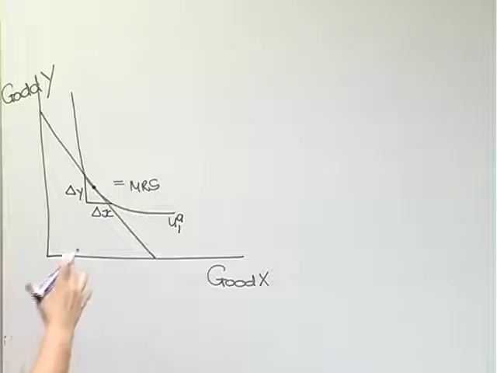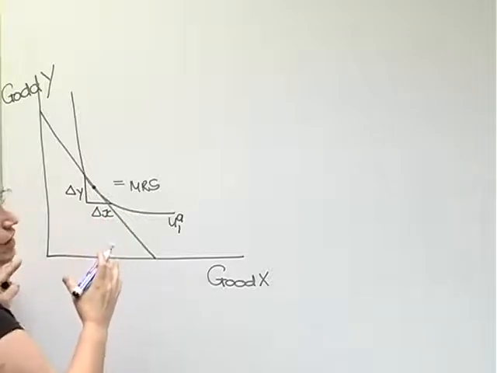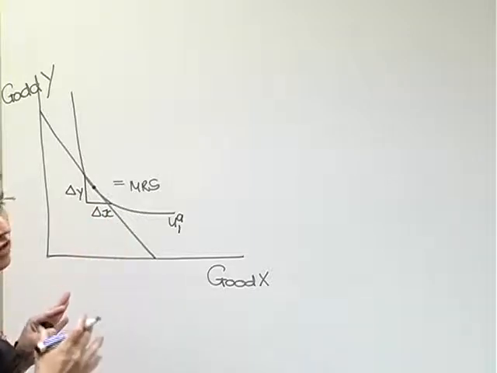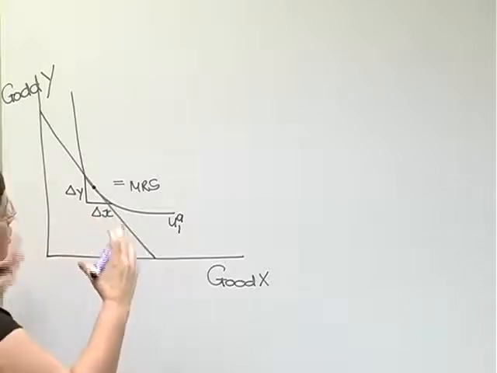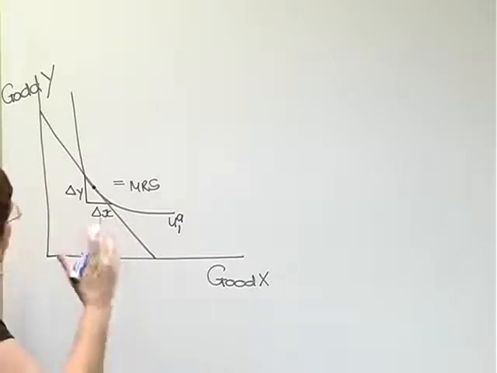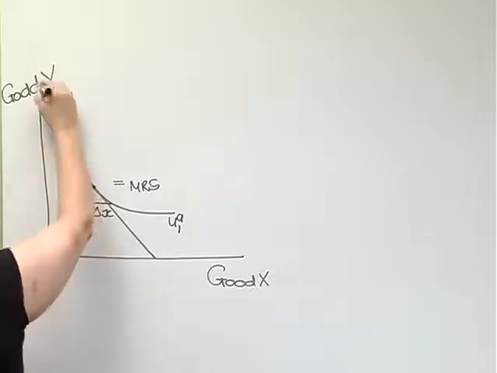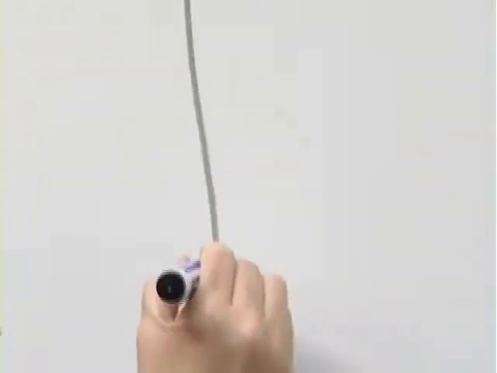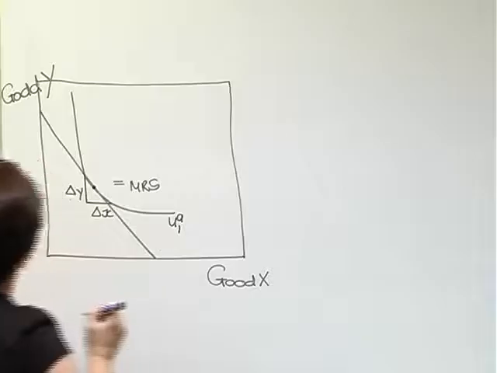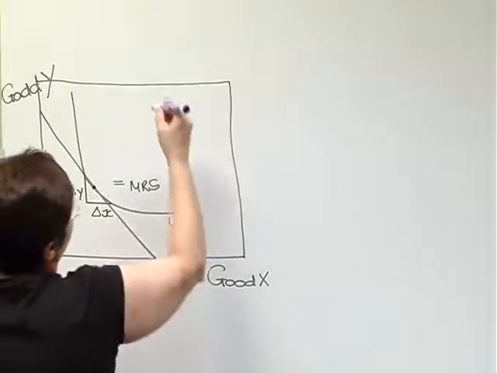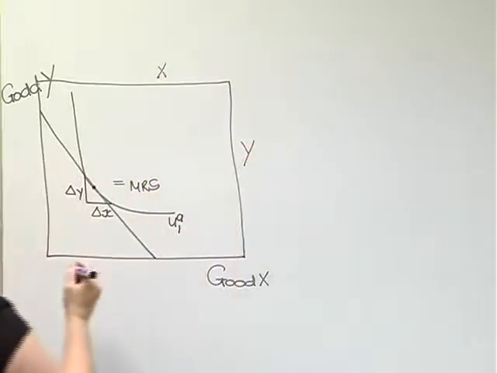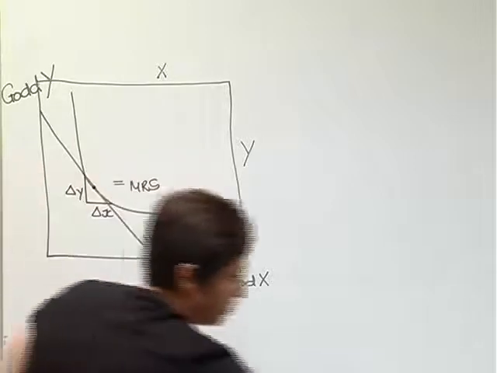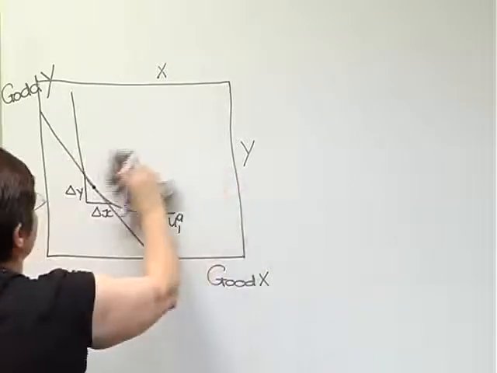Now if we go and transfer this again, you'll remember in the case of production we transferred it into an Edgeworth-Bowley box. We're going to do the same thing here. If we do it like this, you'll have X and Y, and from this side, let me just rub this out.